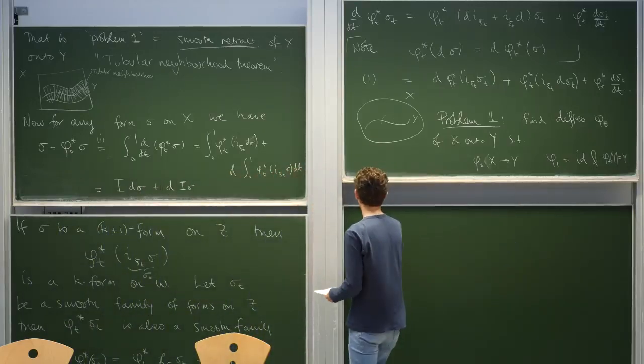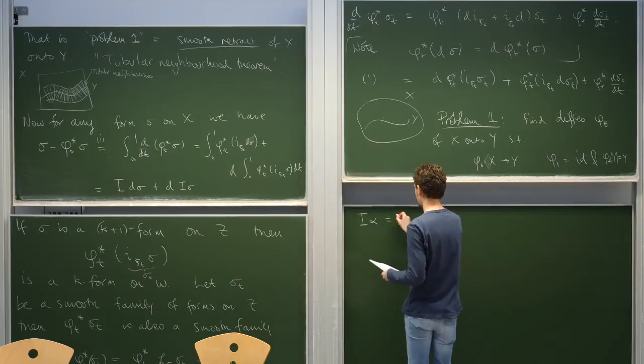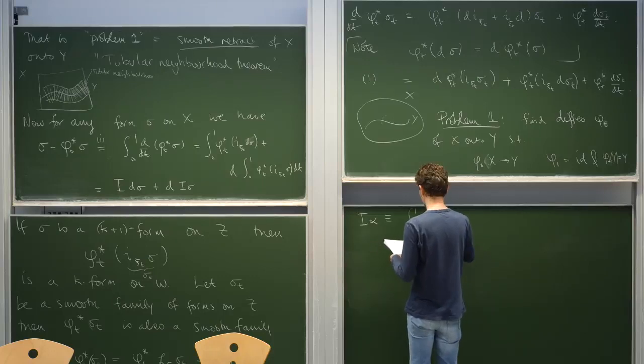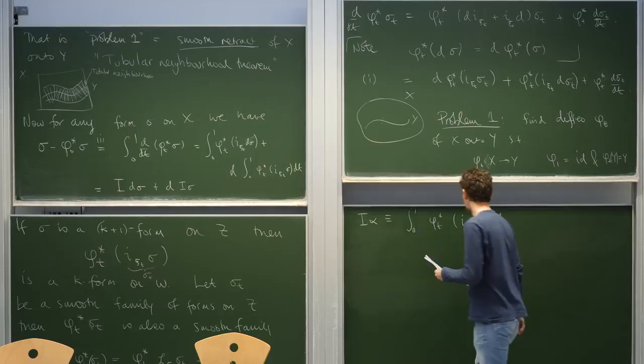And this I symbol, what does I mean? Well, I applied to some form is just the integral from 0 to 1 of phi t star of I of psi t alpha dt.